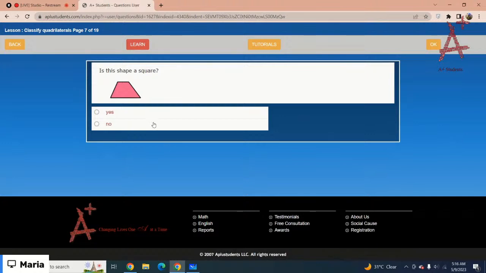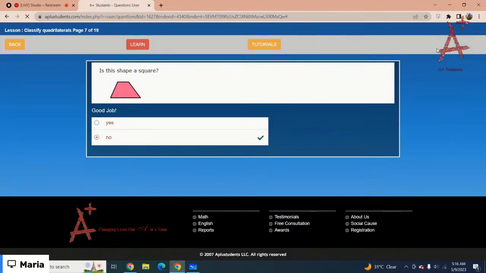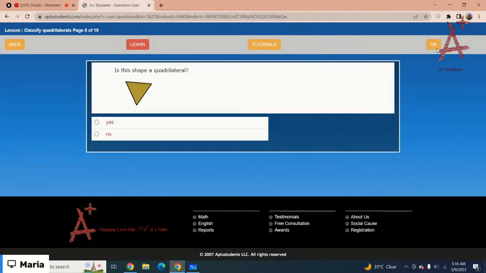So the answer is no. Is this shape a quadrilateral? No, this is not a quadrilateral. It's a three-sided shape. It would be a triangle, not a quadrilateral.